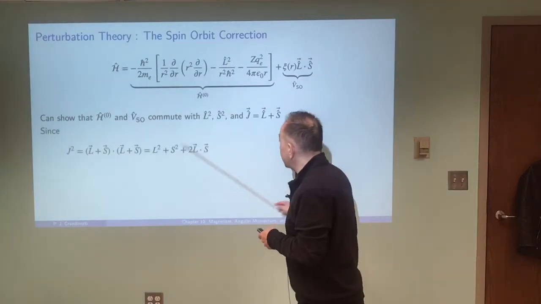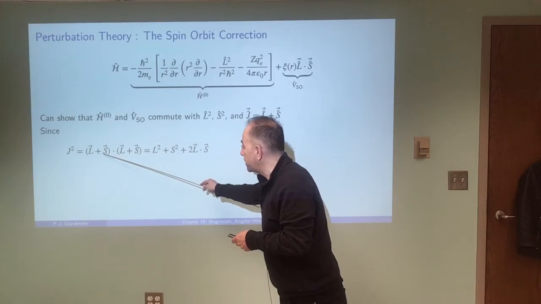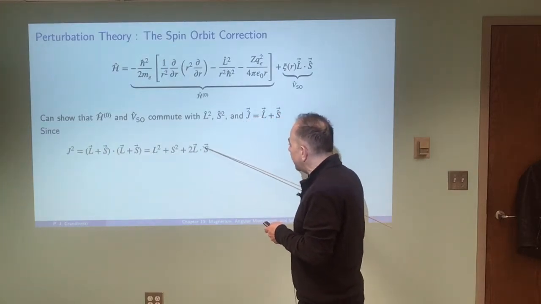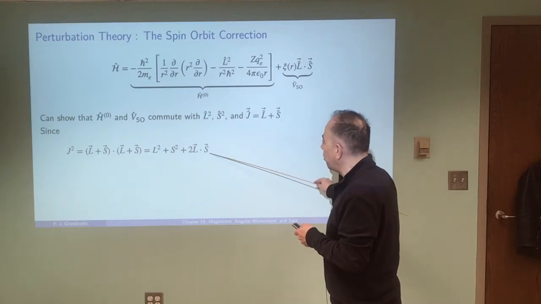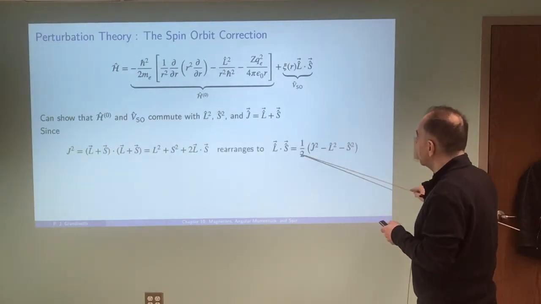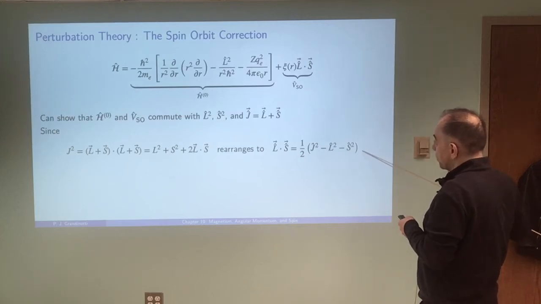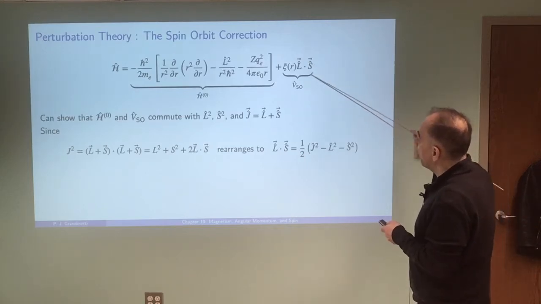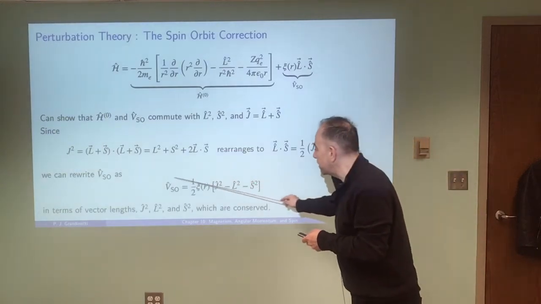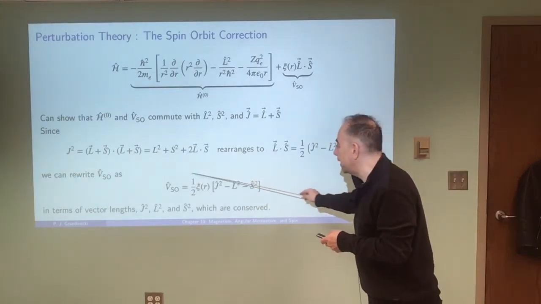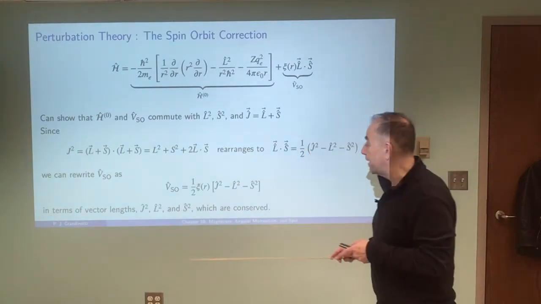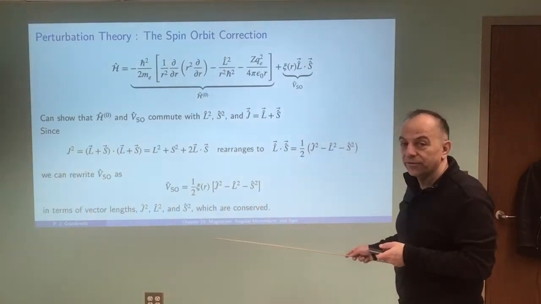If I take J squared, which is L plus S times L plus S, and expand that out, I get this expression, which I can then rearrange to give me L dot S. Now I can substitute that in up here to remove those vector quantities, and I can write the spin-orbit coupling entirely in terms of the vector lengths, J squared, L squared, and S squared, which are conserved.